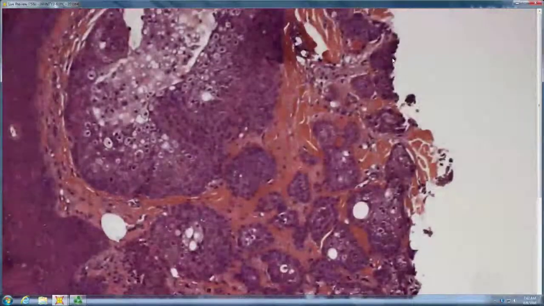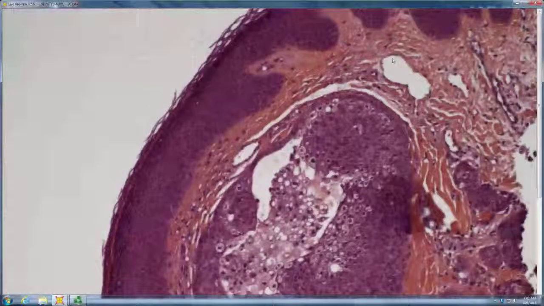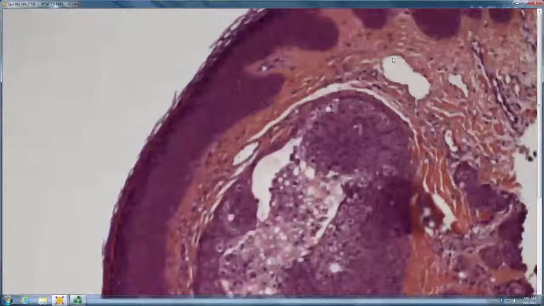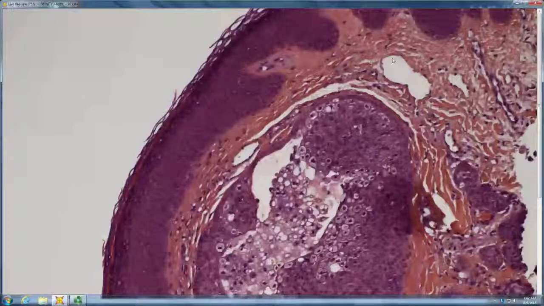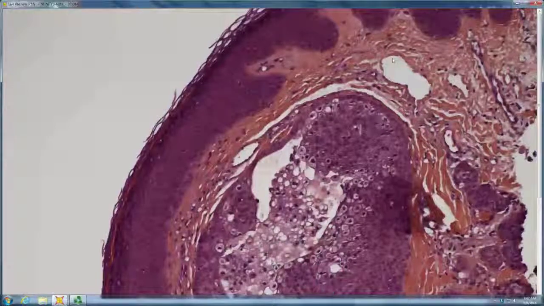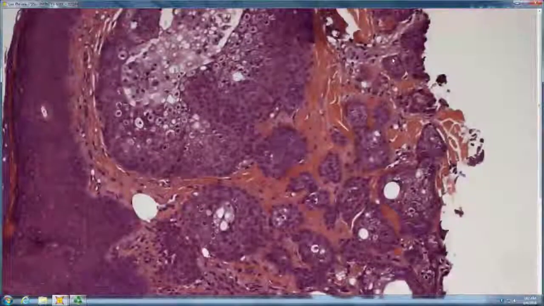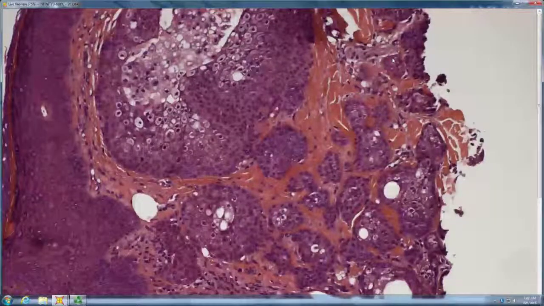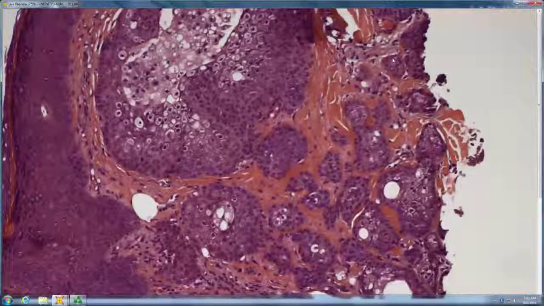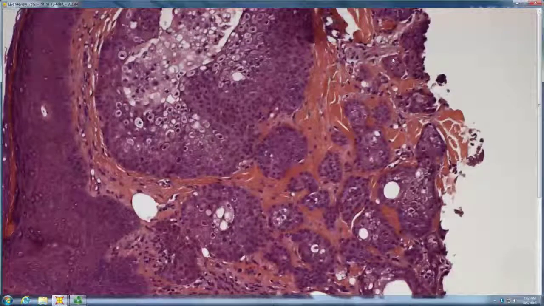Okay, what do you think your differential is here? I see the sebocytes. So there are definite sebocytes. I think it's sebaceous adenoma or sebaceoma.